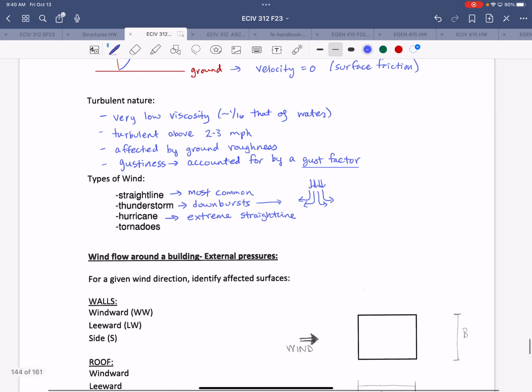And then tornadoes. These have the highest wind speeds of all, or they have the potential for the highest wind speeds.